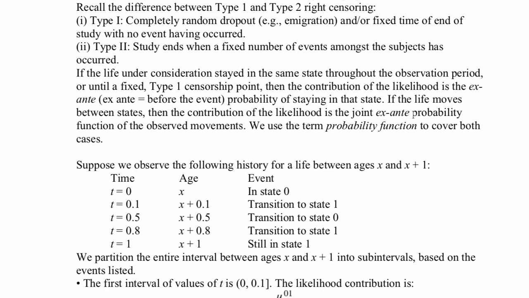So the study is just cut off in some way. And then type 2, the study ends when a fixed number of events amongst the subjects has occurred. So it's also cut off, but it's cut off differently because we cut it off when we get enough data for whatever our purpose is.